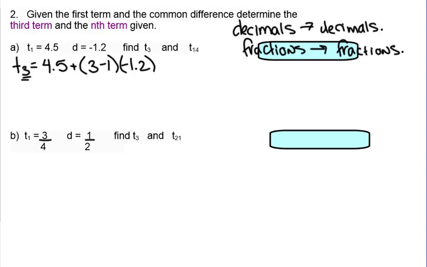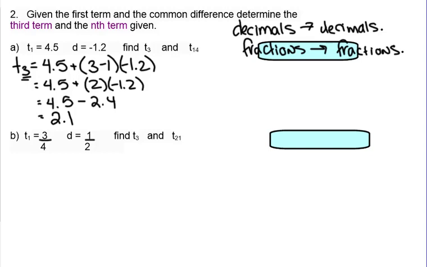So let's do our order of operations. 4.5 plus 2 times negative 1.2. So we're going to have 4.5 minus 2.4, which is 2.1. If I wanted to find term 14, I would just put 14 in for my n, same steps.